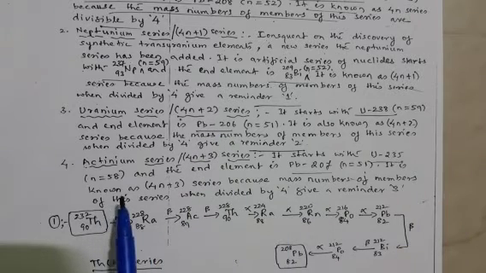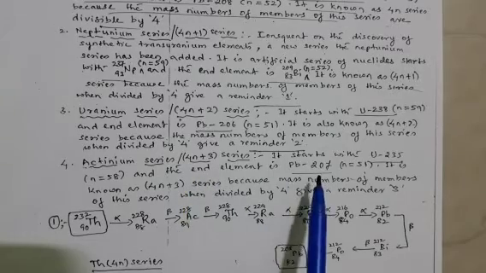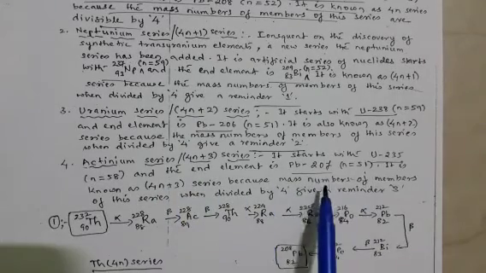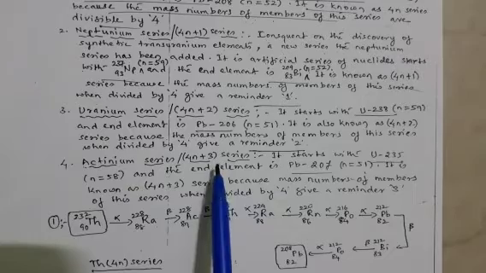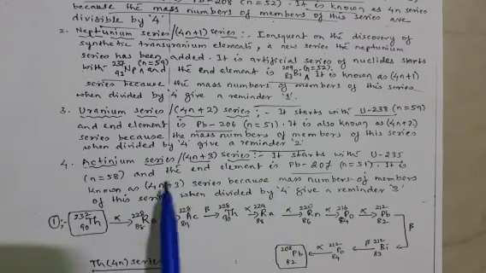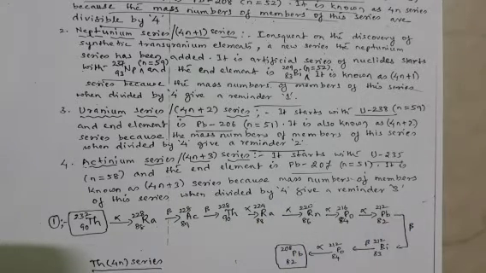The next series is the actinium series, which is also called the 4N plus 3 series. It starts with uranium-235 and ends with lead-207. It is known as the 4N plus 3 series because the mass number of the members of this series, when divided by 4, gives a remainder of 3.